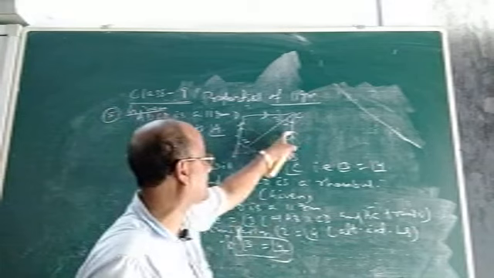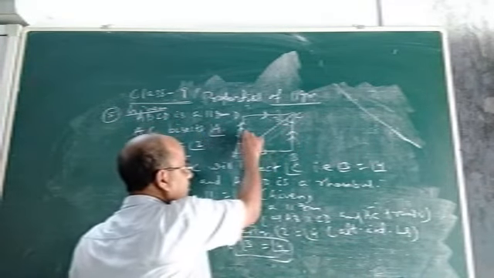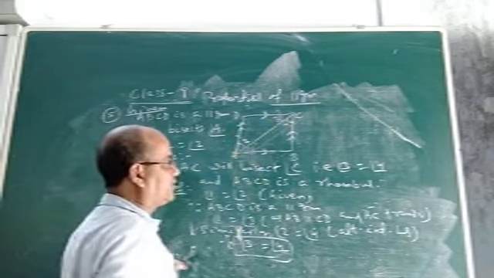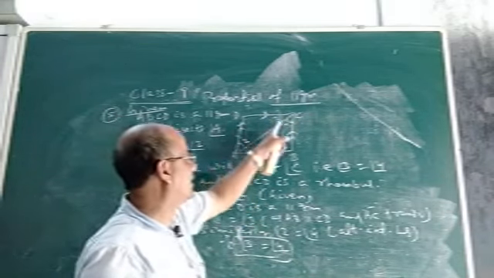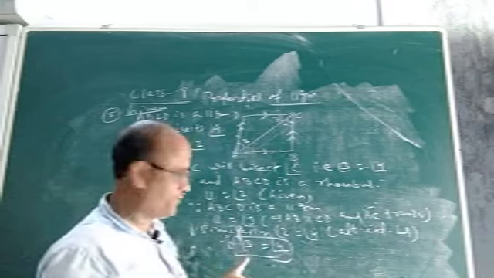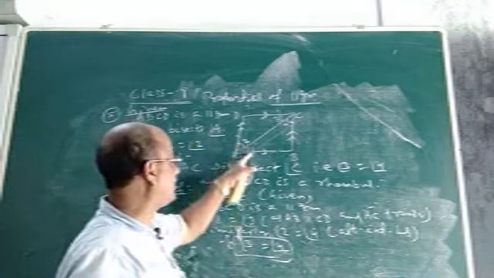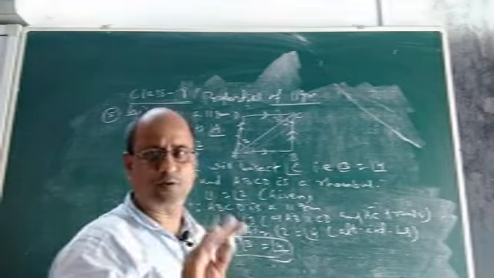That means all these four angles are equal. Angle 1 equals angle 2 is given, and angle 3 equals angle 4 we proved. Angle 1 also equals angle 3.